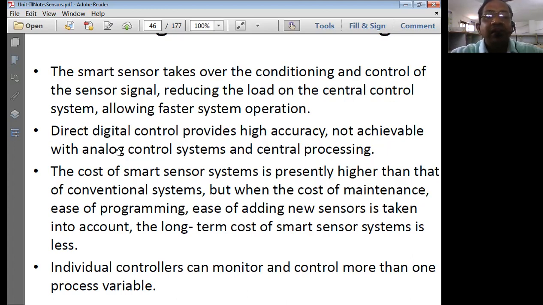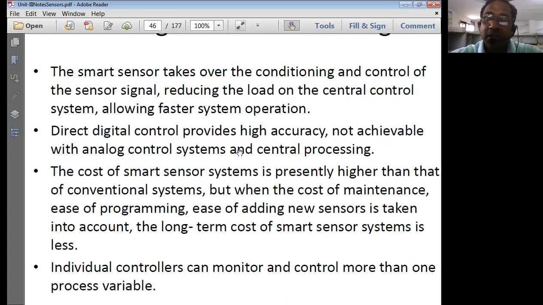Then direct digital control provides high accuracy, not achieved with analog control systems and central processing applications. Now here, using sensors, we normally have direct digital control operations. What does it mean? That means the digital controlling operations are done local to the sensor itself.